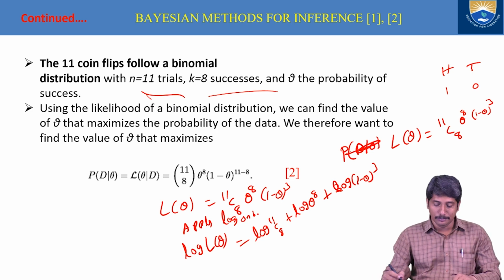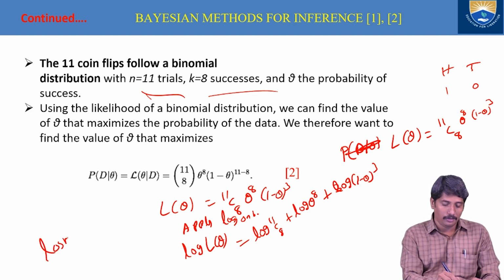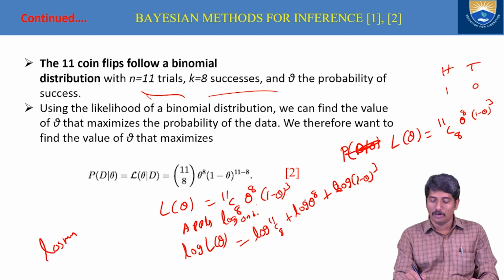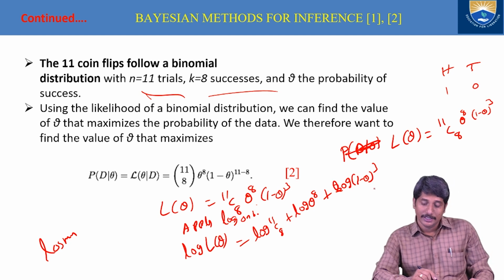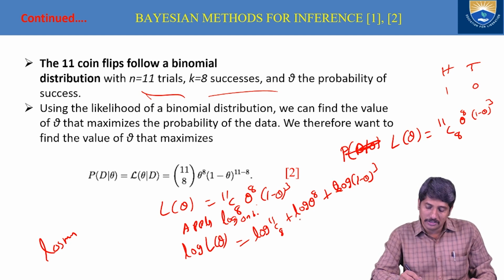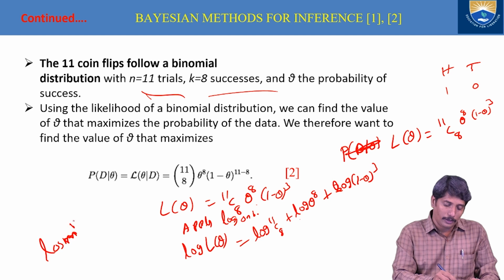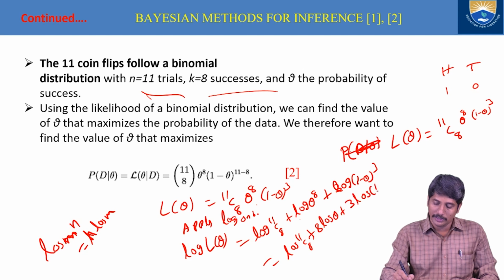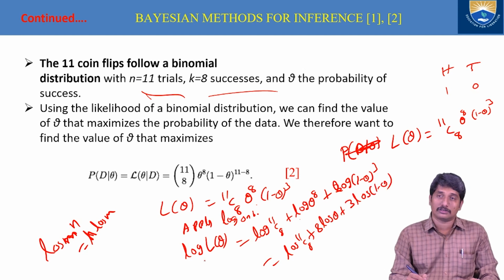Why? Log of mn means log m plus log n, which is why we split it into addition. Now log m power n means n log m, so we get log 11C8 plus 8 log theta plus 3 log of 1 minus theta.